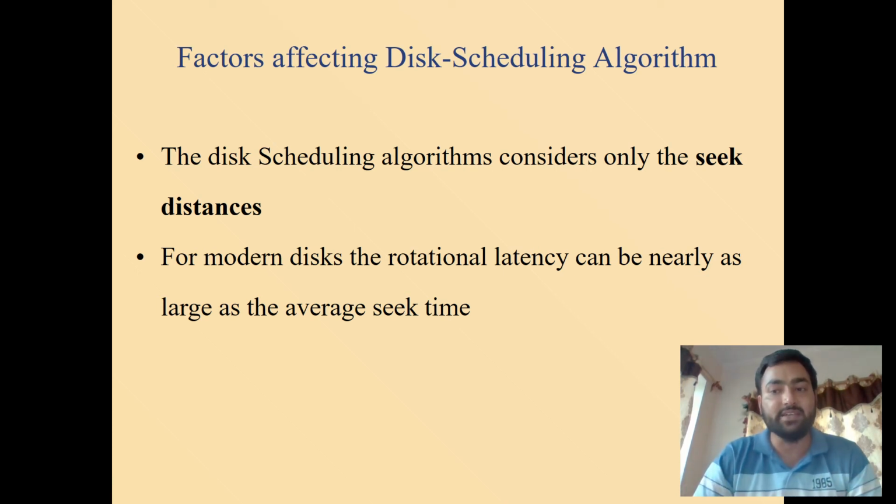If the seek distance is more, the seek time is also more; if the seek distance is less, the seek time is also less. But for modern disks, the rotational latency can be nearly as large as the average seek time. In modern disks, the rotational latency is approximately equal to the average seek time.